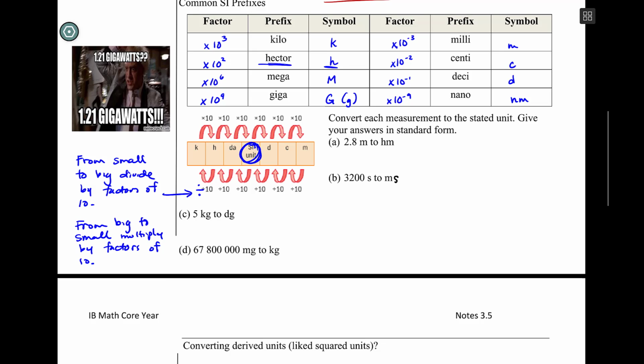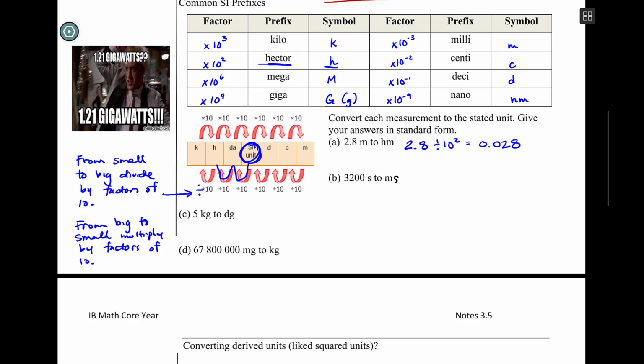I want to draw those going in this direction so that I can see I'm going to be dividing by 10, two times. So it's like 2.8 divided by 10 squared. That's the same thing as dividing by 100. You may also remember a shortcut that you can plug it into a calculator, or know that it just means I'm going to move the decimal 2 places to the left.